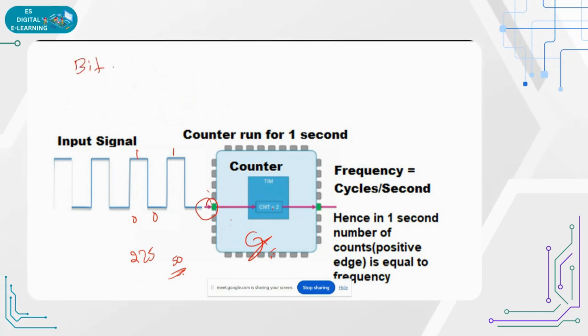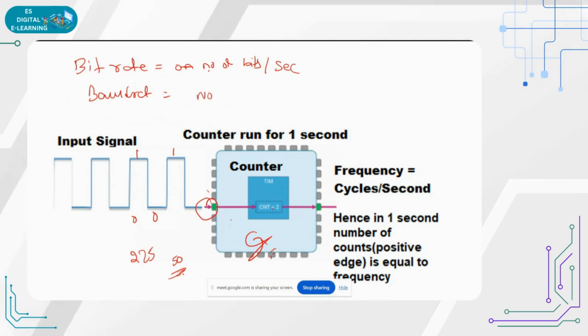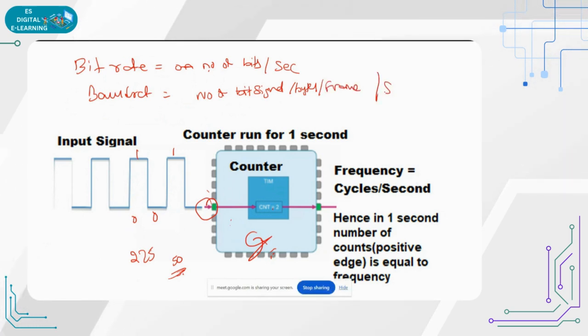That is the bit rate. Bit rate is the number of bits transmitted per second. Baud rate is the number of signal changes per second, the number of signals, bytes or frames changing per second.